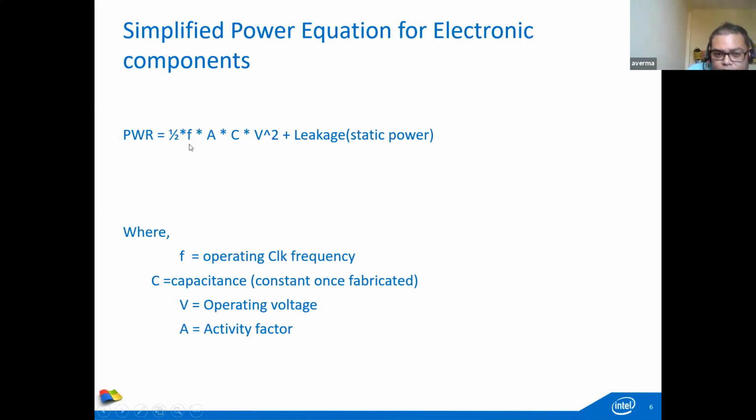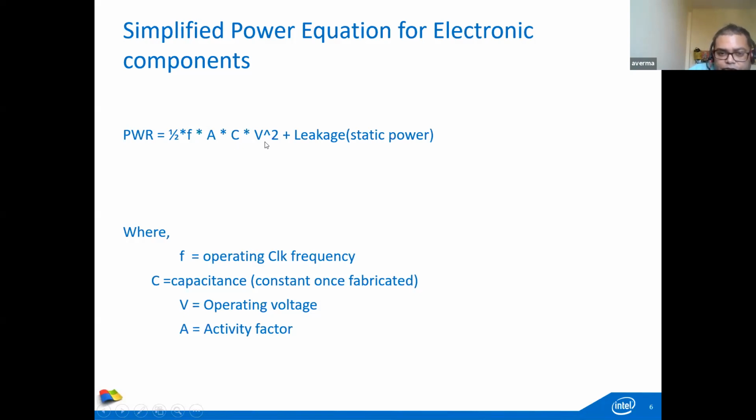We already talked about the operating frequency, the capacitance, and the voltage. If you see this equation, the dynamic power is directly proportional to the frequency. So going back to that concept, if we operate at a higher frequency, my power consumption will be higher, linearly higher as you increase the frequency. The activity factor is again linear. If it's turned off, it's completely off.